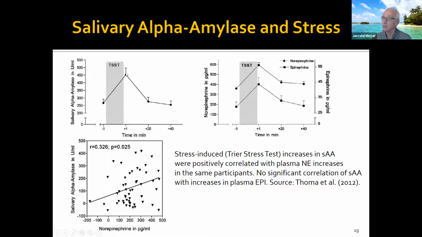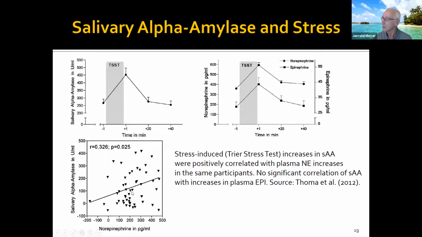Can we show any relationship between alpha amylase and our traditional markers of sympatho-adrenal medullary activity, namely norepinephrine and epinephrine? In this particular study, they collected blood samples for measuring epinephrine over here and norepinephrine over here. They both responded in terms of increase in blood level. The question is, is there a relationship between the amylase response and the response of either norepinephrine or epinephrine?